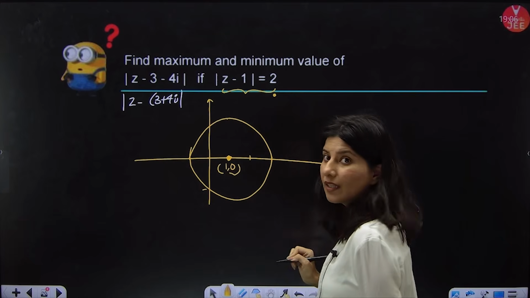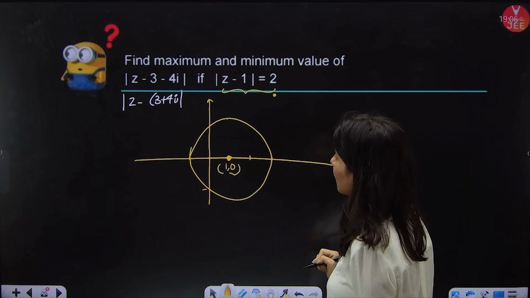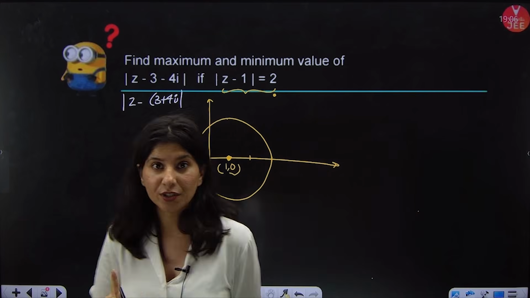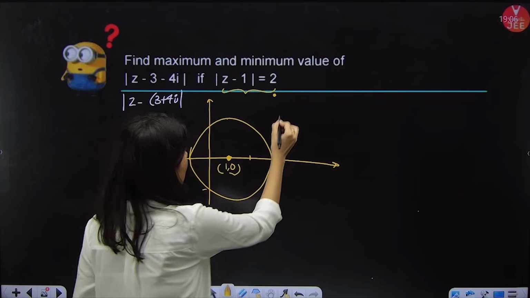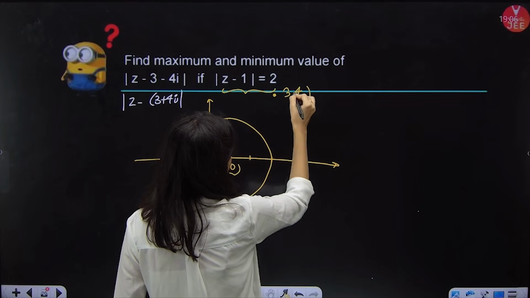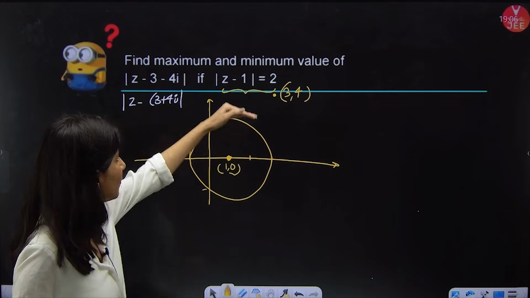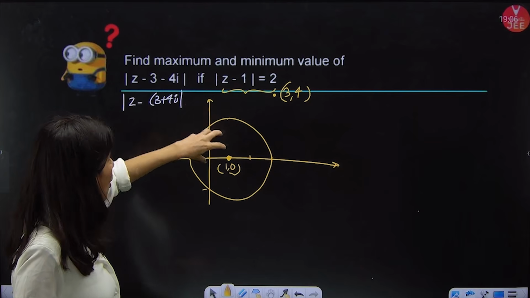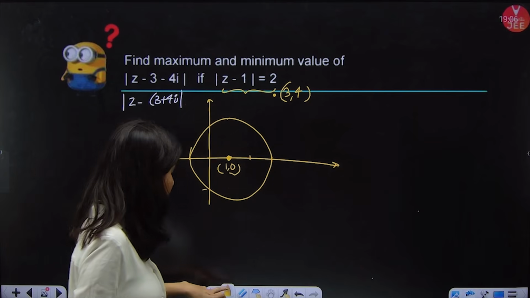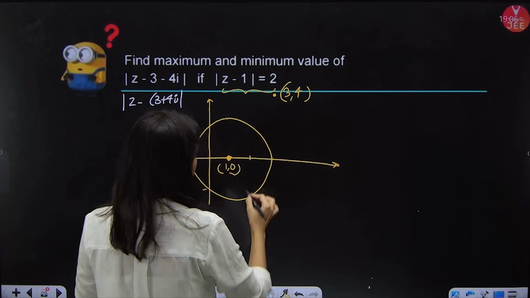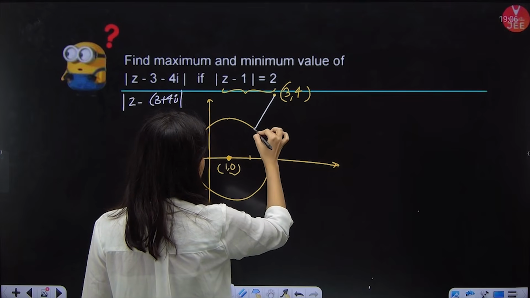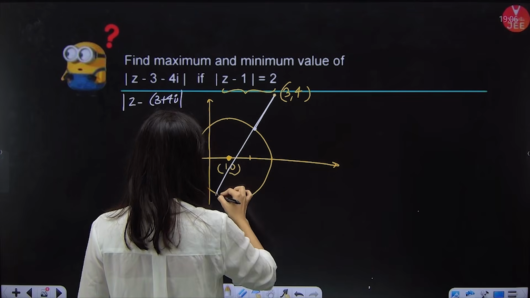Okay. Now, understand what you are doing. This is the point 3, 4, correct? The maximum distance from 3, 4 on this circle is what you are looking for, right? Very easy. So minimum distance clearly is this. Maximum distance clearly is, sorry.